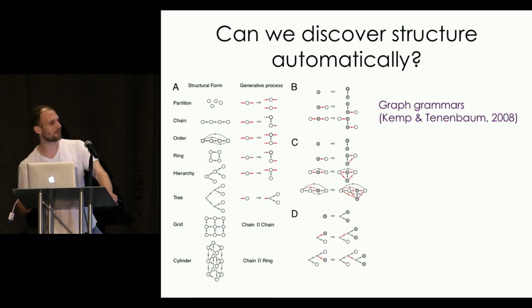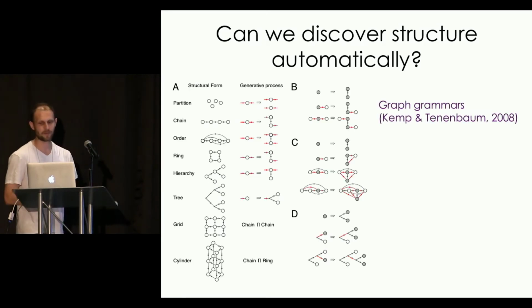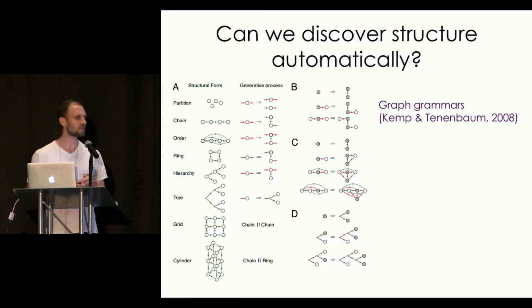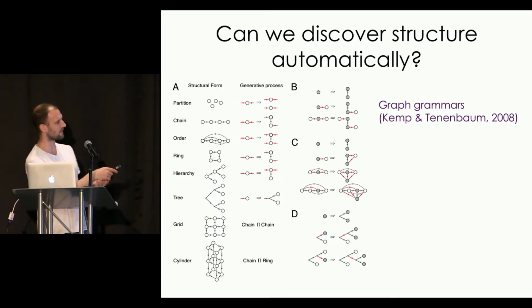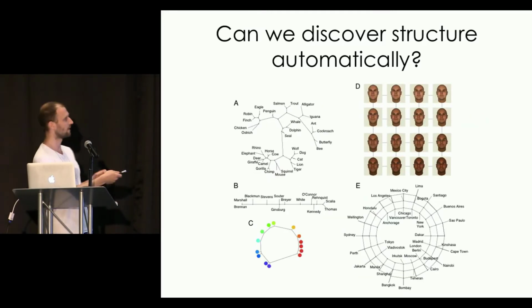So for example, I already showed you how inference over graph topology could be used to derive a pretty diverse range of stimulus spaces. Kemp and Tenenbaum used graph grammars that could build different kinds of structures like partitions, chains, orders, rings, hierarchies, trees, grids, and cylinders, and then they showed that applied to different data, you could get different kinds of structures, right?